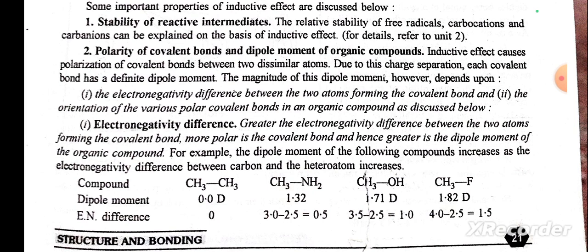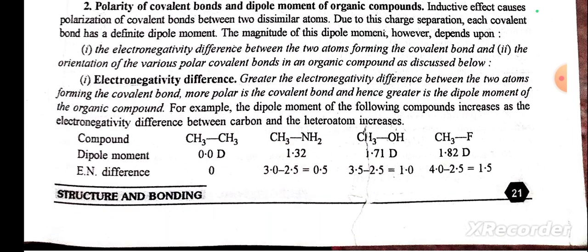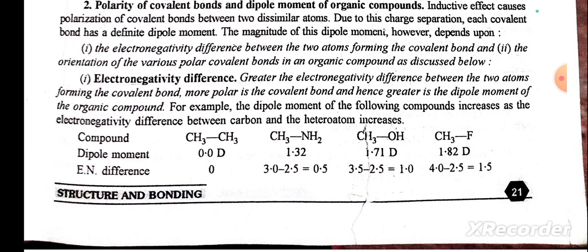Inductive effect causes polarization of a covalent bond between two dissimilar atoms. Due to this charge separation, each covalent bond has a defined dipole moment. The magnitude of this dipole moment, however, depends upon first, the electronegativity difference between the two atoms forming the covalent bond, and second, the orientation of the various polar covalent bonds in an organic compound, as described below.